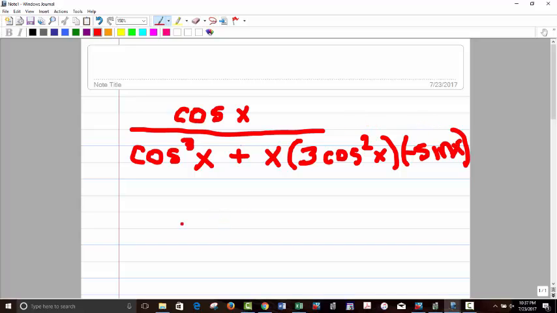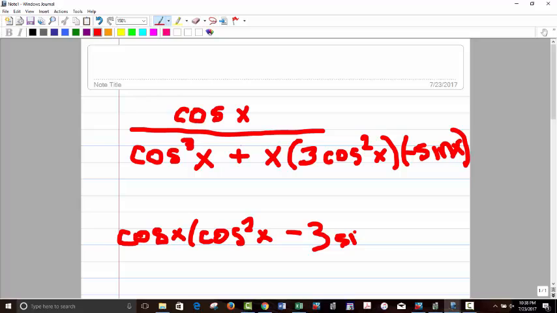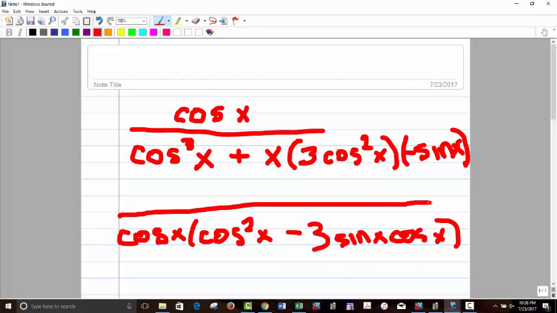If I factored out then a cosine on the bottom, I'd be left with cos squared minus 3 sine x cos x. So obviously this cos x would cancel with that cos x on the bottom.